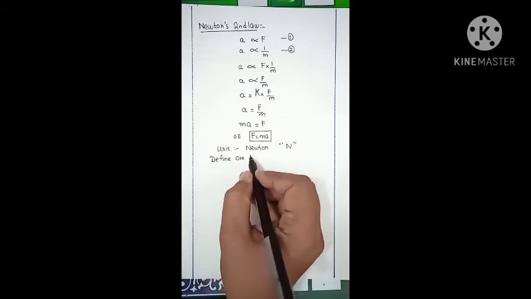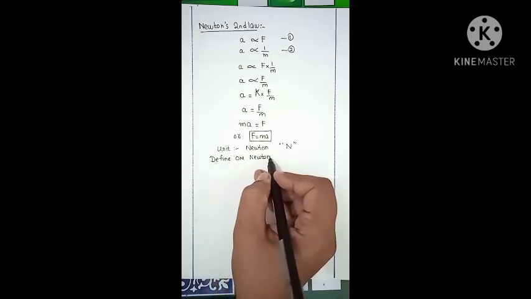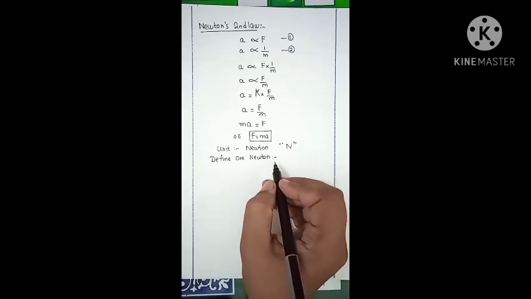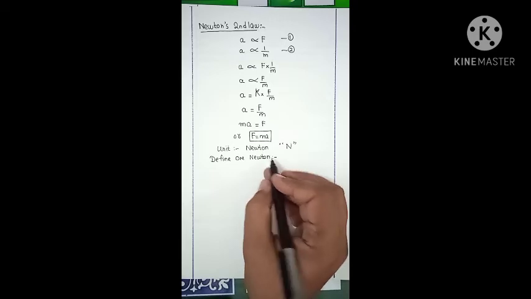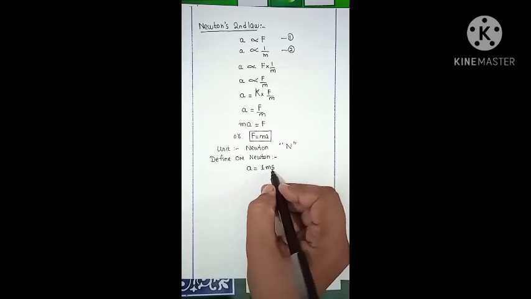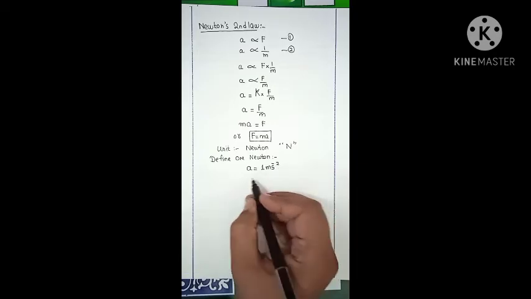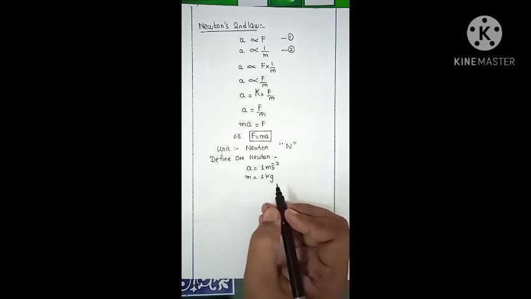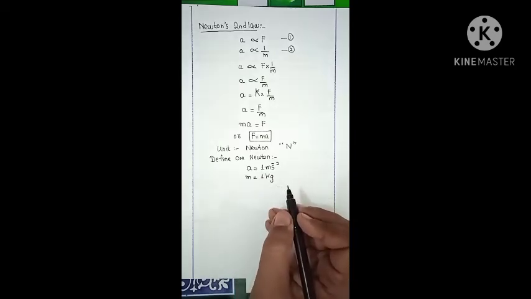The force which produces an acceleration of 1 meter per second square in a body of mass 1 kilogram is known as 1 Newton.